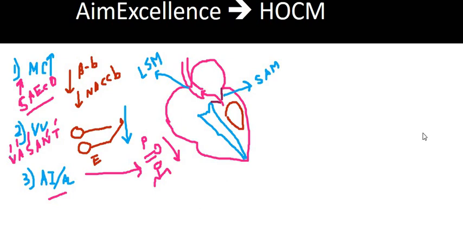Now a few other important points we can remember, because in upcoming examinations there can be important questions from this particular topic. It is seen in the general population in the ratio of 1:500.